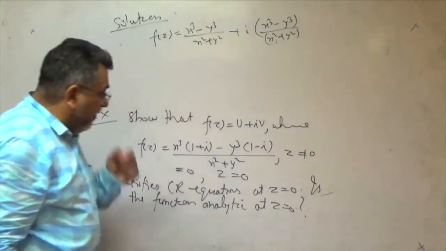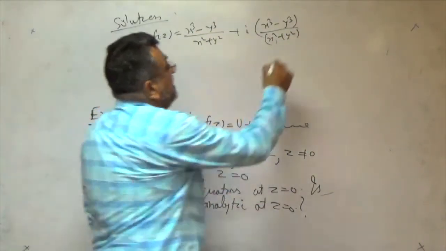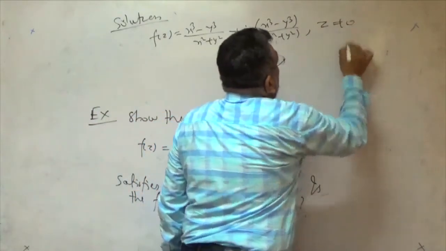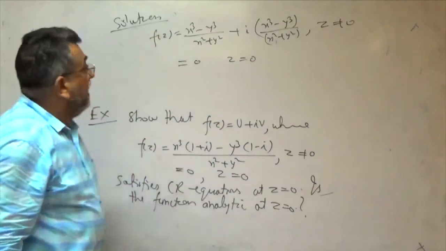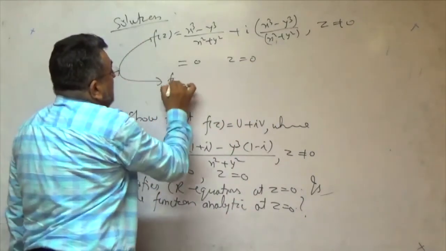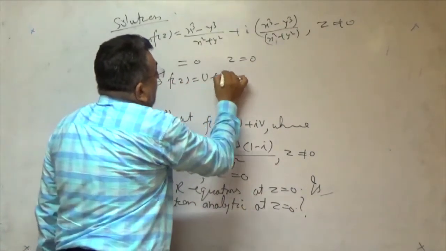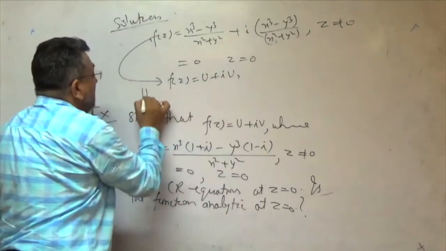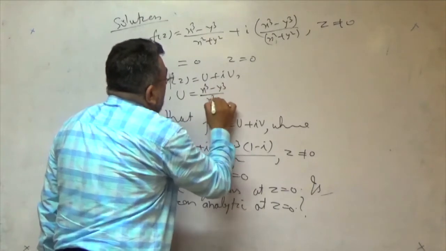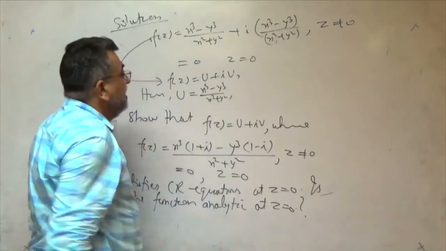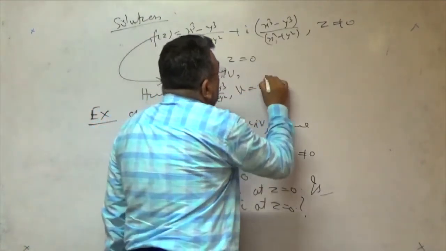This is the value of the function when z is not equal to 0. This is equal to 0 when z equals 0. If we compare this with the standard form of the complex function, we get u = (x³ − y³)/(x² + y²) and v = (x³ + y³)/(x² + y²).